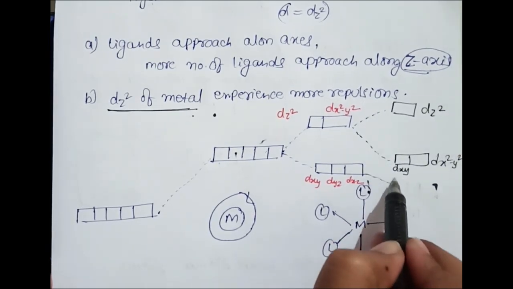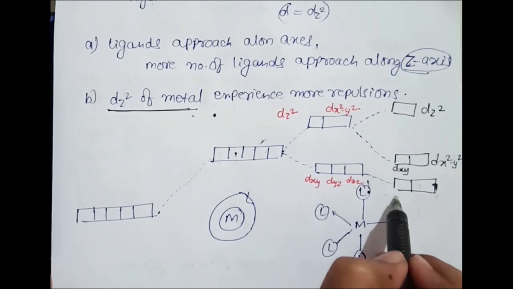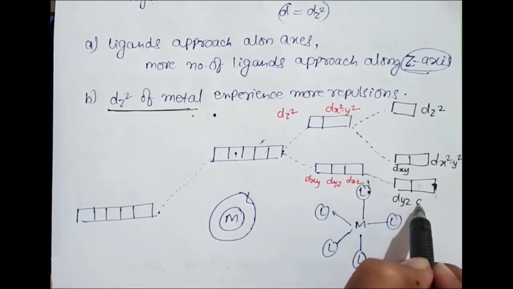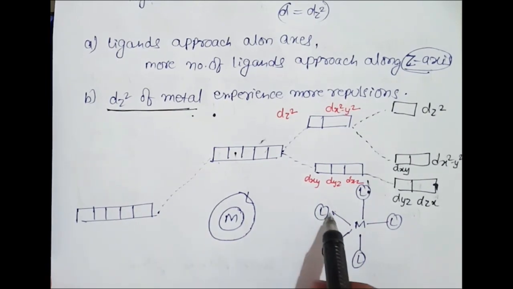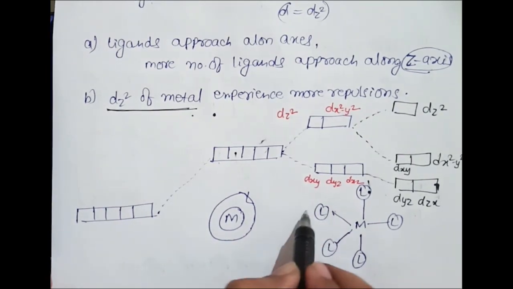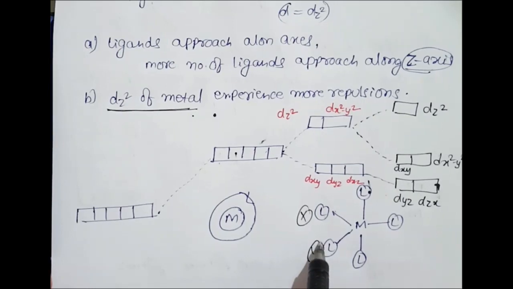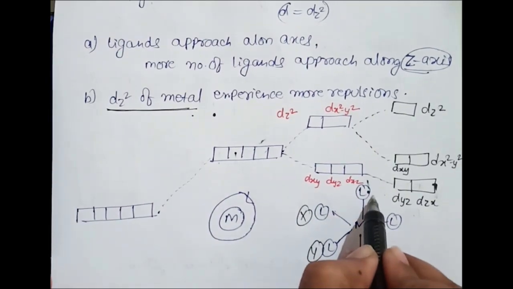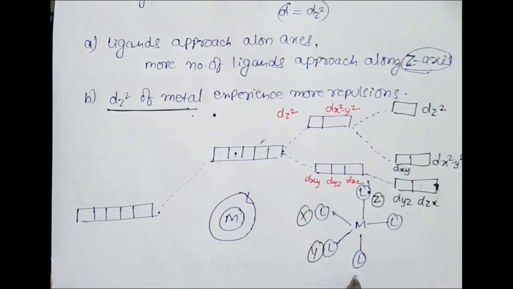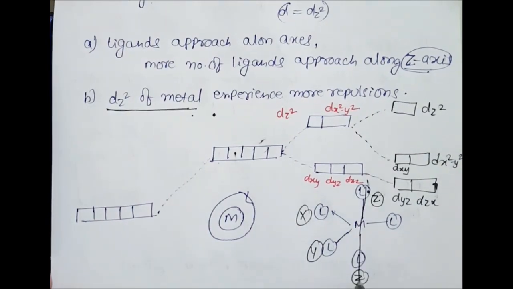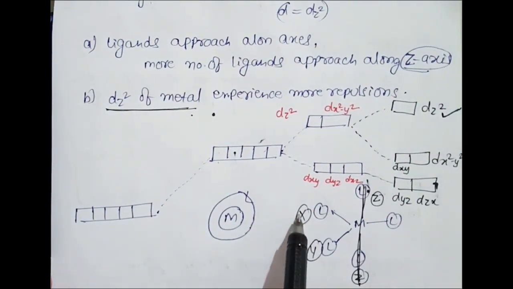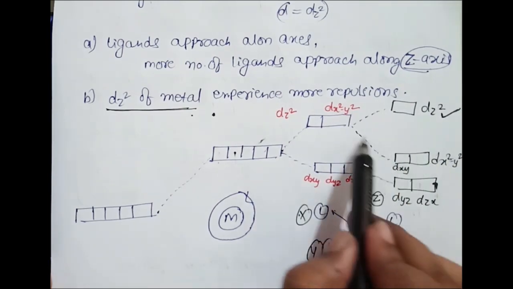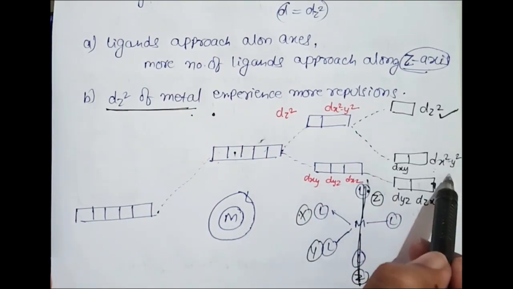Then the next ones, the left orbitals, are dyz and dzx. Got it? Ligands are here, you see: this is coming along the x-axis, this along the y-axis, and these two along the z-axis. So dz square will experience more repulsions, and dx square minus y square also experiences repulsions but a little bit less. That's why it is coming down.